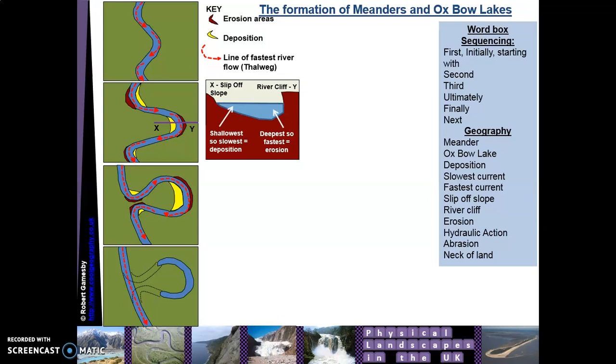As I said, on the outside bend you always get the deepest flow, because that's where you've got the most erosion going on. Now, if you bend your finger, you might want to do it now, your knuckle is on the outside of your finger.